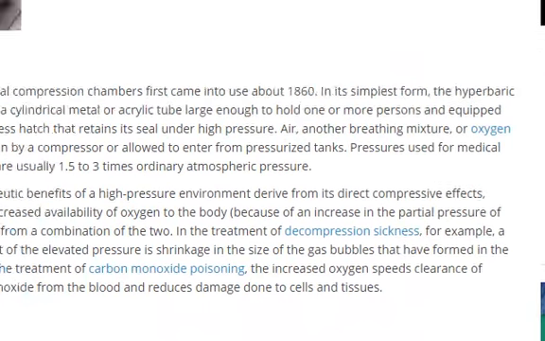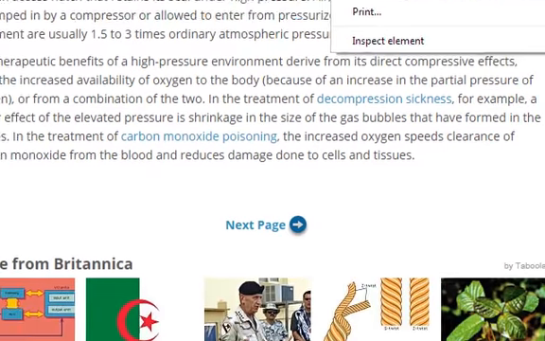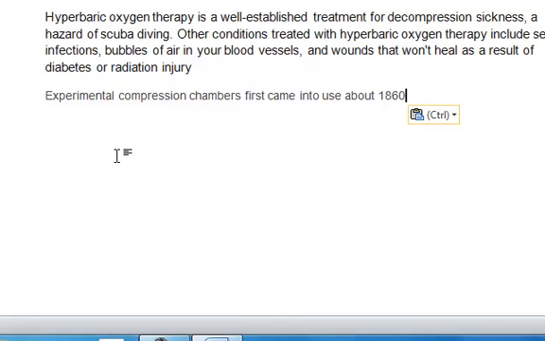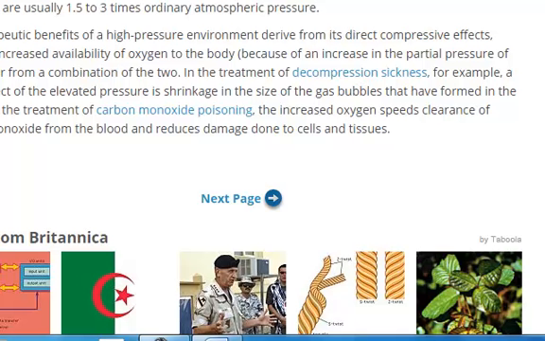Well, that's interesting. It came into use around 1860. Definitely want that fact because the beginning is always a good place to start. So just copying that, pasting it in my Word along with the address up on the top.